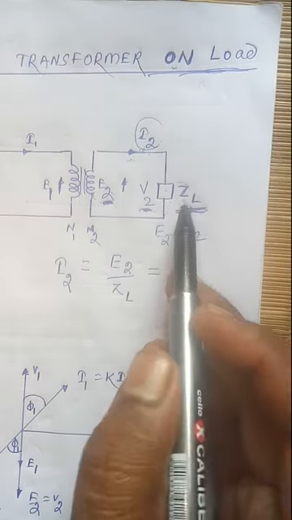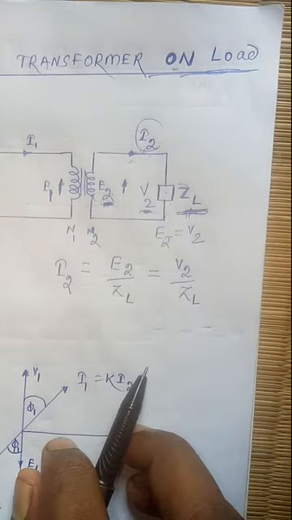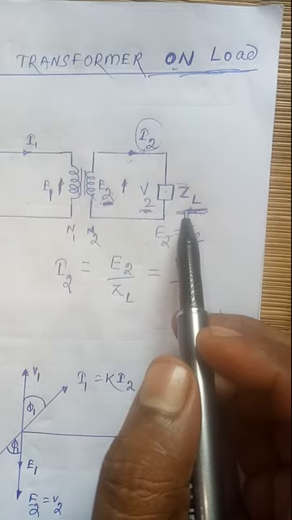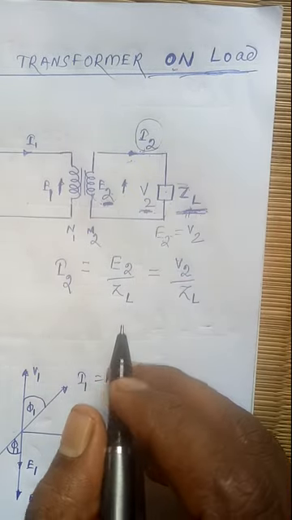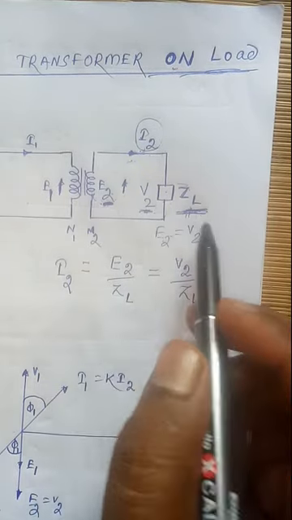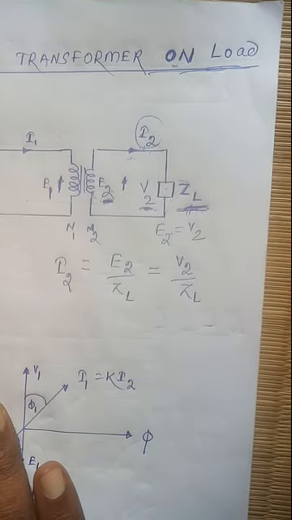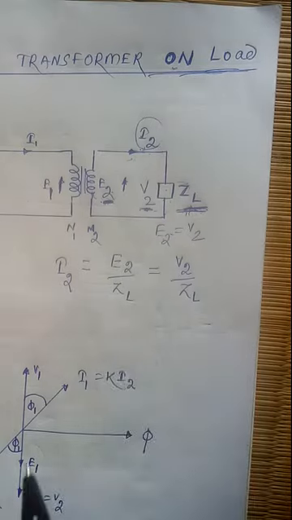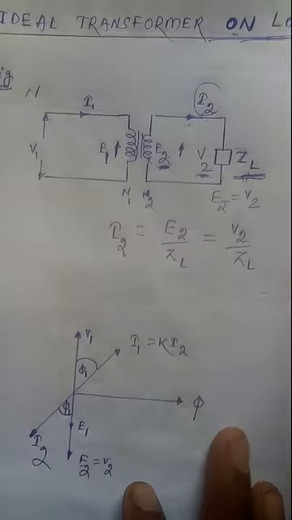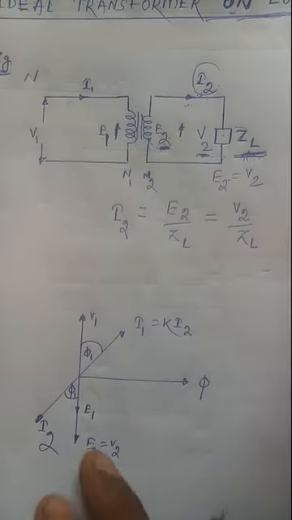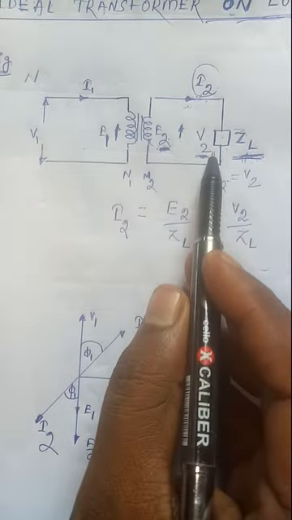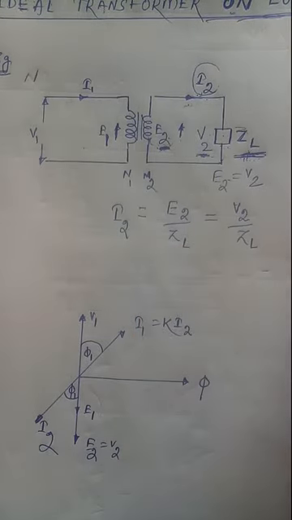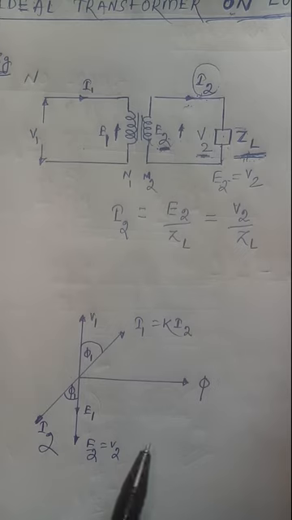It may be an inductive reactance or a capacitive reactance. At present we assumed a lagging load, an inductive load, so the secondary current I2 lags its respective voltage V2 by an angle of phi 2. This subscript 2 is used to denote the values or parameters on the secondary side.